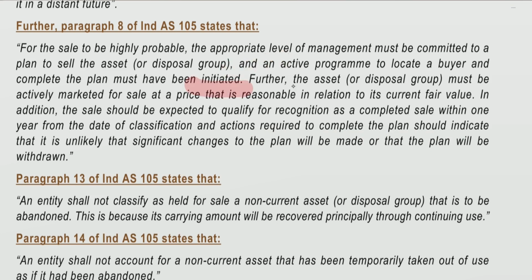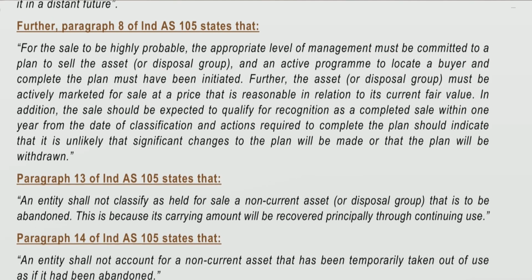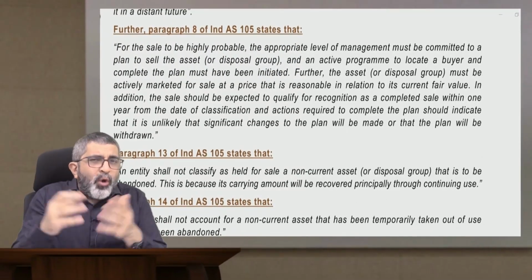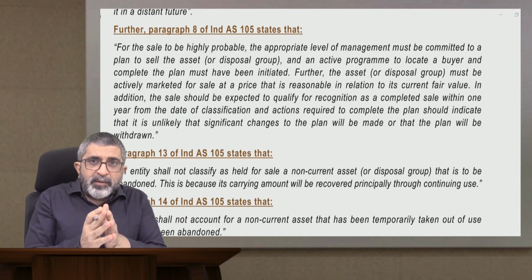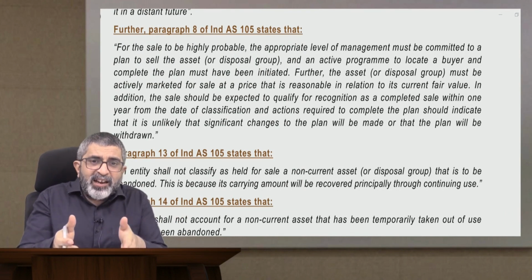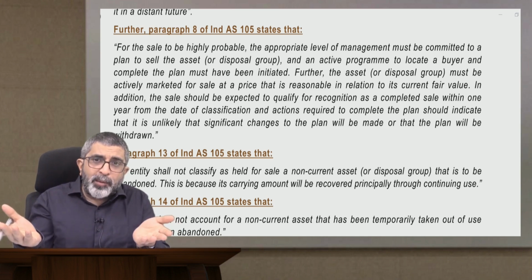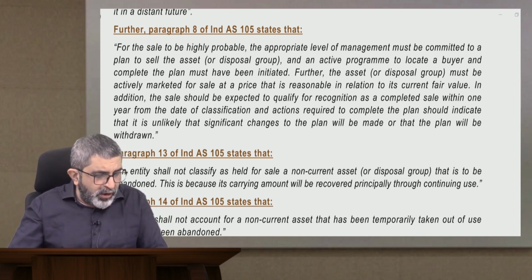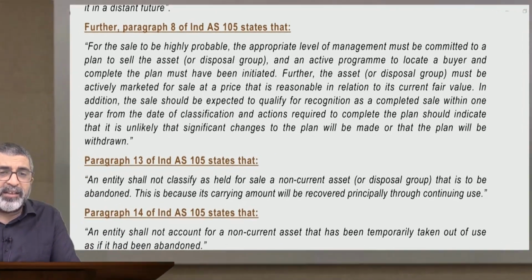So there has to be an active market for sale of such asset, and the management should have committed to a plan to sell the asset or should have initiated a program already, and there should be a program to locate a buyer and complete the plan must have been initiated. So basically if you again look into it, no activities have been taken by management over here, so it is not making the sale highly probable. If the sale is not highly probable, that is again a breach of another condition where you are not supposed to reclassify it as held for sale.